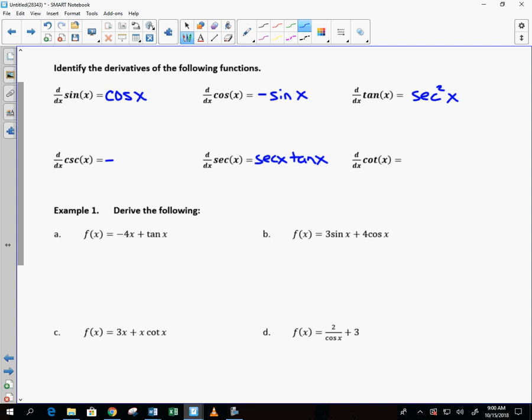It's just negative, and instead of secant, it's cosecant, and instead of tangent, it's cotangent. And the derivative of cotangent of x is negative cosecant squared of x.